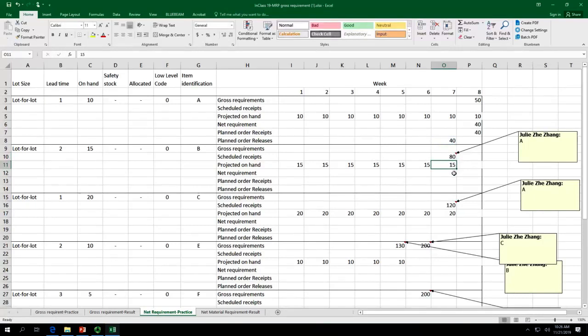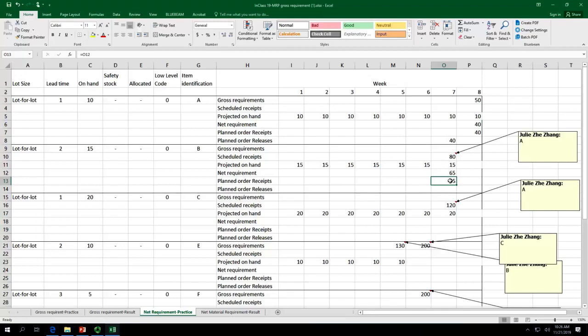Because we already have 15 at hand, your net requirement should be 80 subtract 15, so we receive 65. And what is B's production lead time? 2 weeks.